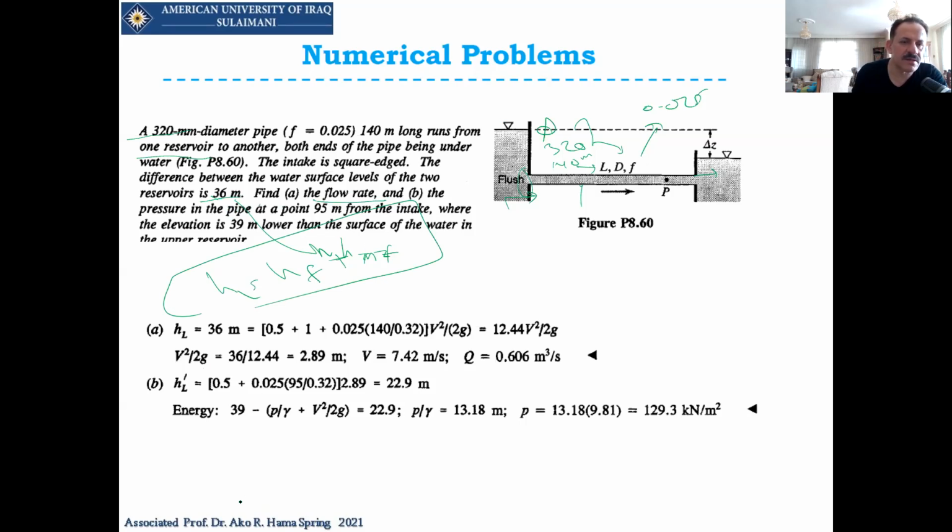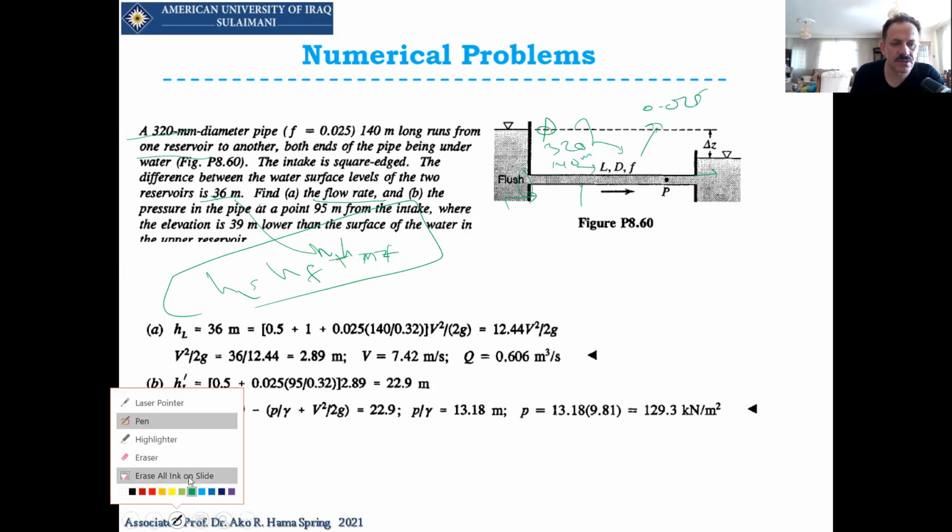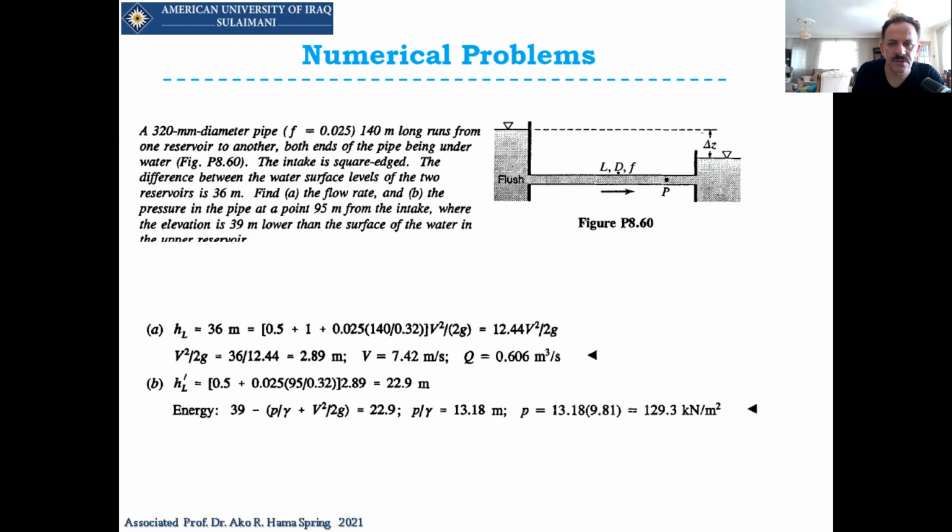This is a very common type of question that usually asks about the difference between the reservoirs. We want to know how much the Q is. So we have 36 meters. This 36 meters is going to be equal to V squared over 2g times fL over D, which is the friction head loss, plus two minor head losses: the entrance, whose K is equal to 0.5 times V squared over 2g, and the discharge coefficient, K_D times V squared over 2g, which is 1.